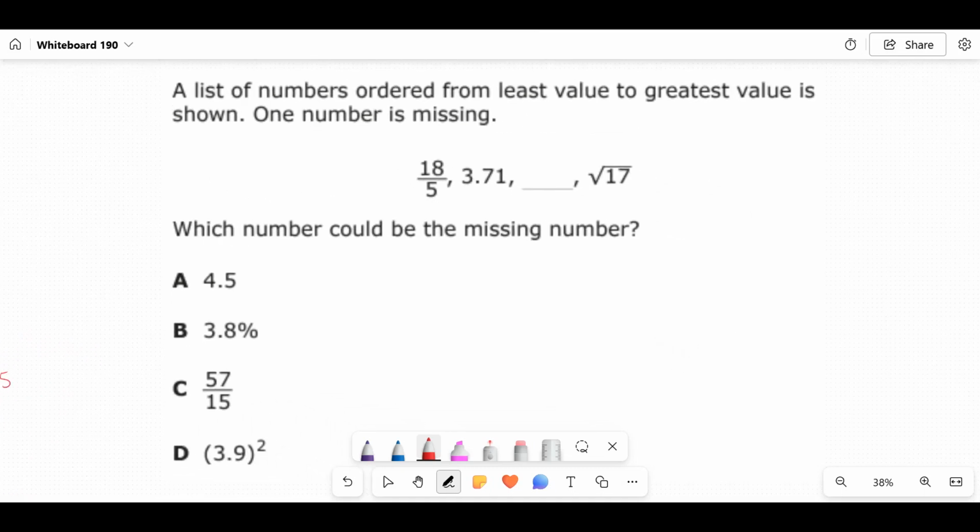A list of numbers ordered from least value to greatest value is shown. One number is missing. Which number could be the missing number? Now, the bad news, good news situation of this is that each of these numbers are put into different forms.